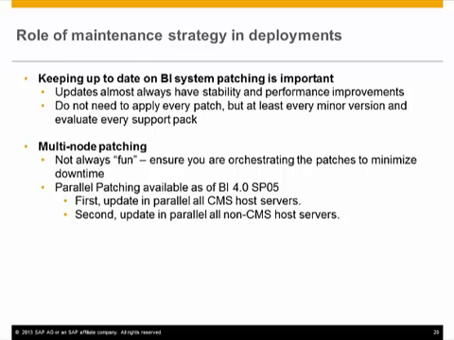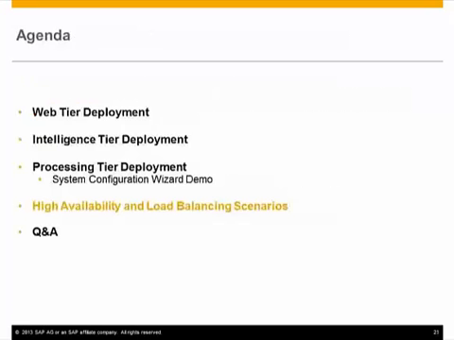And if you have other processing tiers, you could have 5 or 10 other processing servers in your cluster. You're able to install the patch on those processing servers in parallel, provided that you do the CMS servers first. In the past, you actually had to do each node one at a time. So we made substantial improvements in how you patch the environment as well, and it reduces the amount of downtime that you have to take when updating your system.